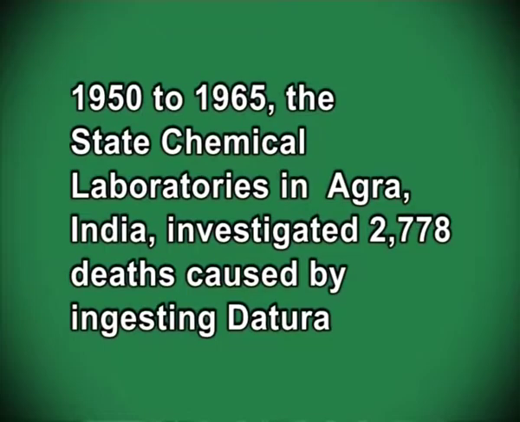It appears that these semi-domesticated honey wasps collect datura nectar for honey production, which can lead to poisoning. From 1950 to 1965, the state chemical laboratories in Agra, India, investigated 2,778 deaths caused by ingesting datura.